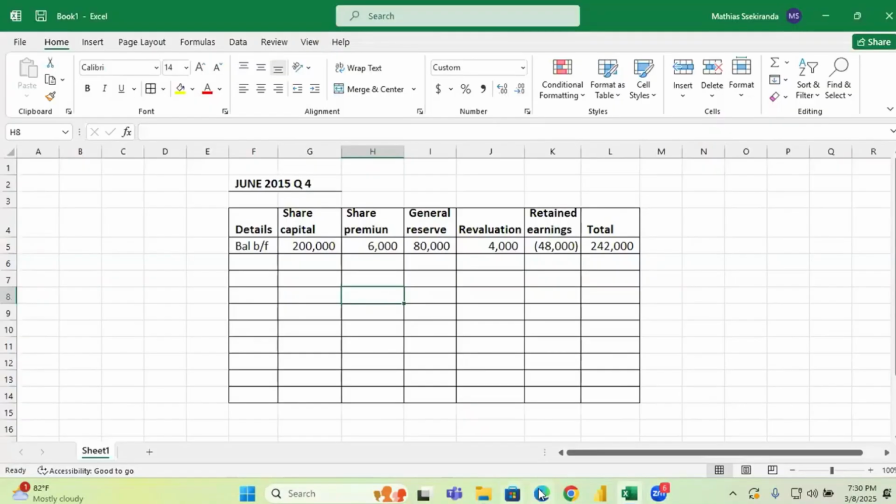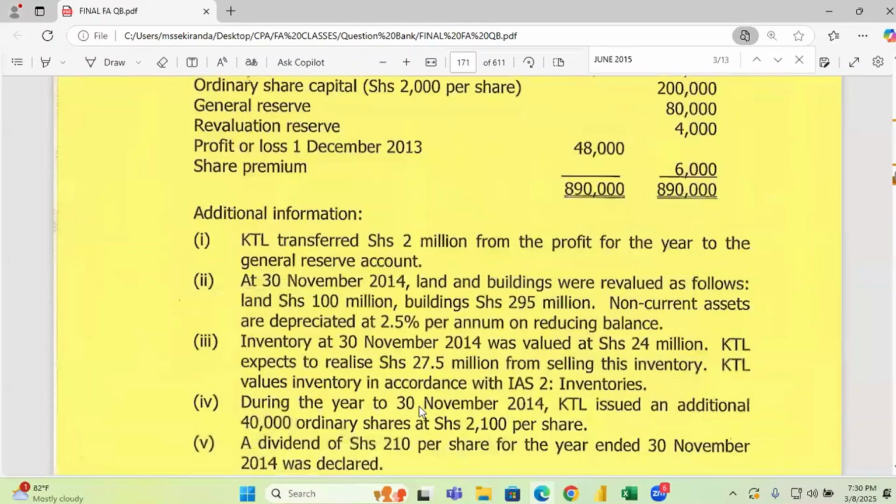Our next issue is to read note per note as we post. Where we need to calculate, we shall calculate and post. Where we just need to post, we shall just post. So note number 1 says, KTL transferred 2 million from the profit for the year to the general reserve account. So we are transferring 2 million from the retained earnings. Profit for the year, remember, is taken to the retained earnings.